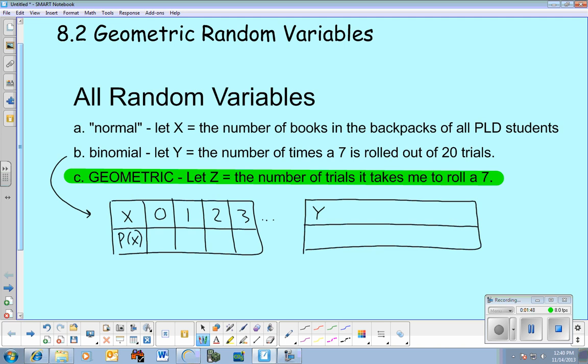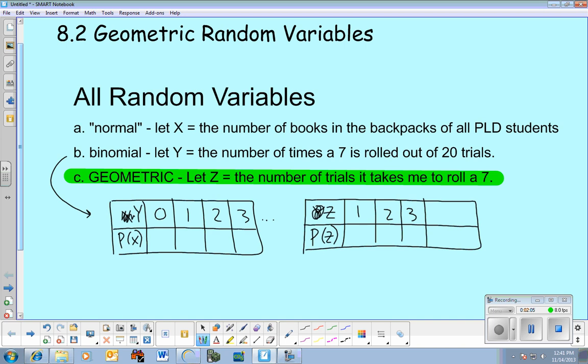I should have called that y because I'd used x, y, and z earlier, so I'll call that one y and this one z. If this is the case, I'm starting at 1. And there's a probability that I succeed on my first try and on my second try and so on.